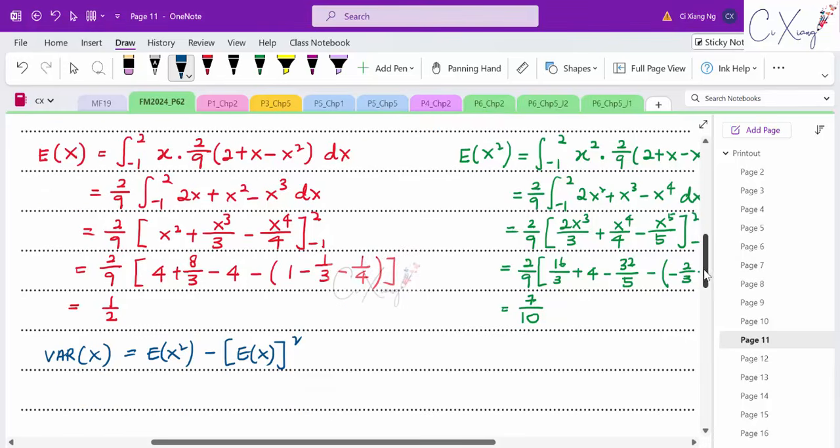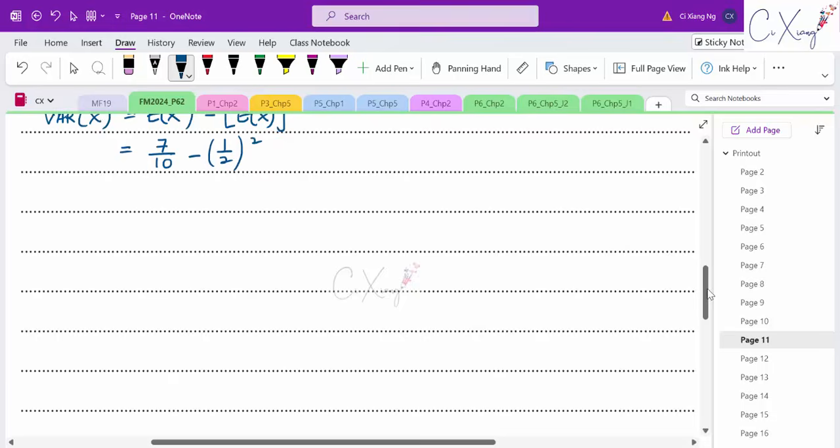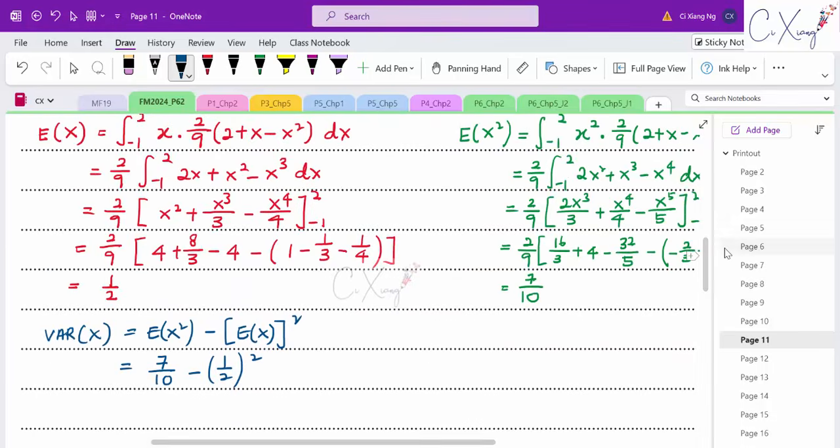So you are taking 7 over 10 minus 1 over 2 squared. Then from here, you should get 9 over 20 as the variance of x.